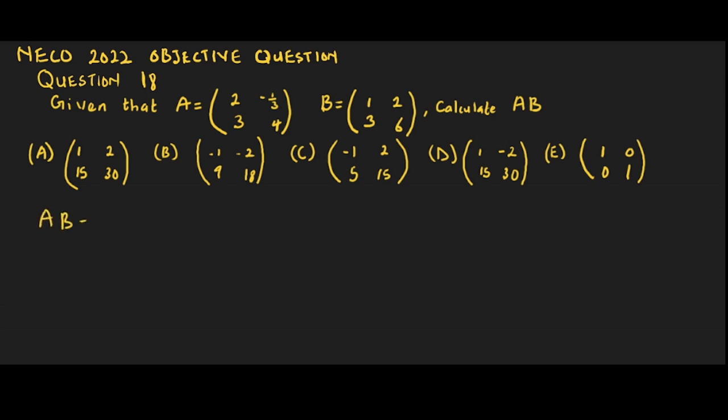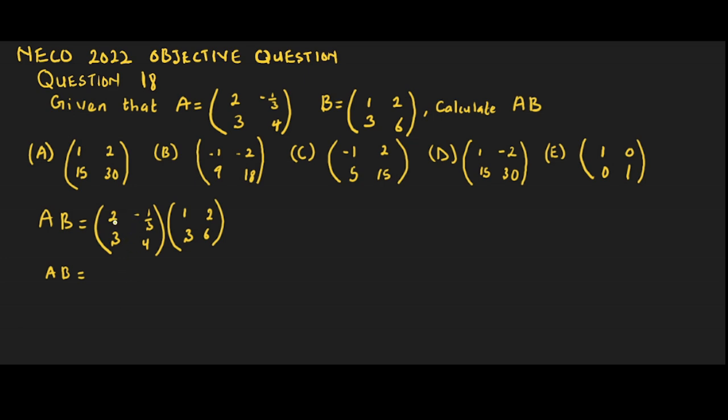AB is going to equal matrix A, which is 2, minus 1 over 3, 3, 4, times matrix B, which is 1, 3, 2, 6. Now we multiply this.